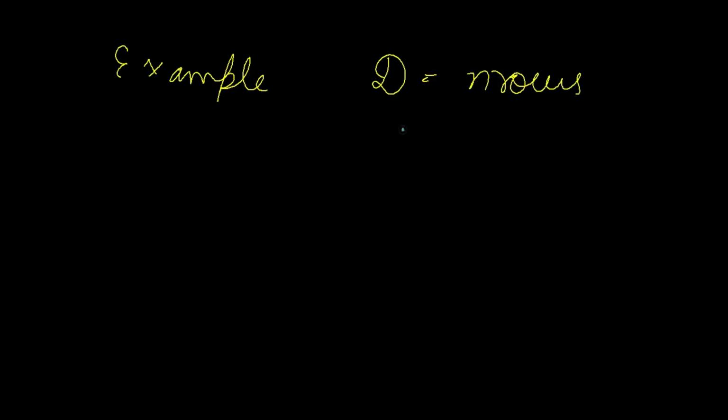So let's study with an example. Let's take a data set D having n rows and d independent variables, or features, d features.